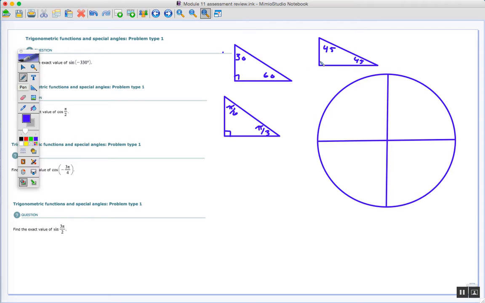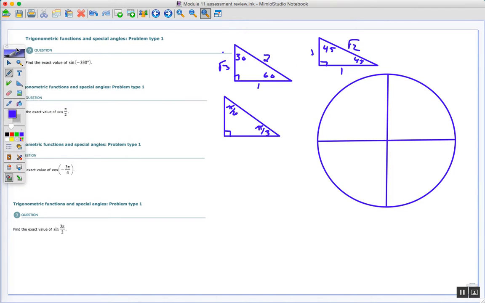And there's our right angles. So opposite our 30 is 1, opposite our 60 is root 3, and opposite our 90 is 2. For our 45, 45, 90, opposite both 45-degree angles is 1, and we have square root of 2 here. So these are the special right triangles that we will be working with.